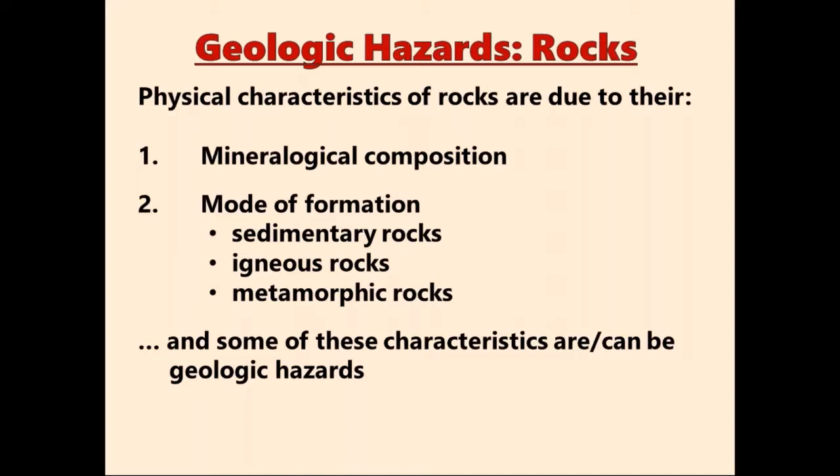And as you know, there are 3 flavors of rocks. You have sedimentary rocks, rocks that are created by loose sediment being lithified into a solid rock; igneous rocks, which are formed from magma or lava that have cooled and crystallized; and metamorphic rocks, which are formed when pre-existing rocks are subjected to heat and/or pressure.